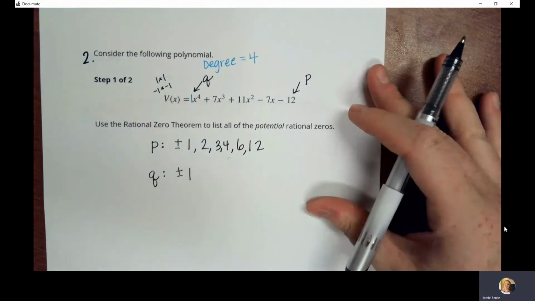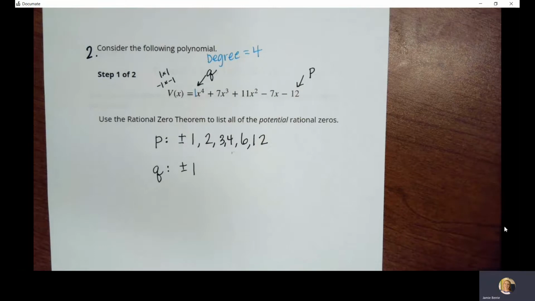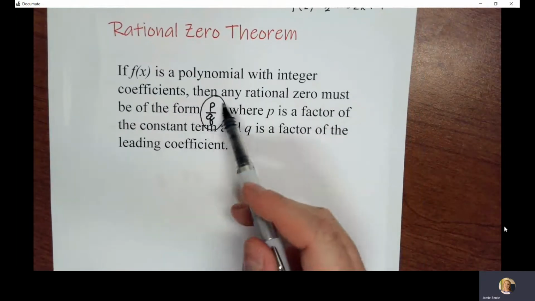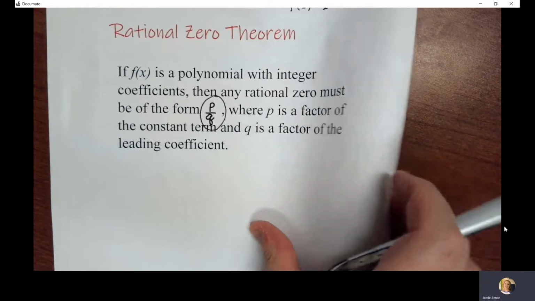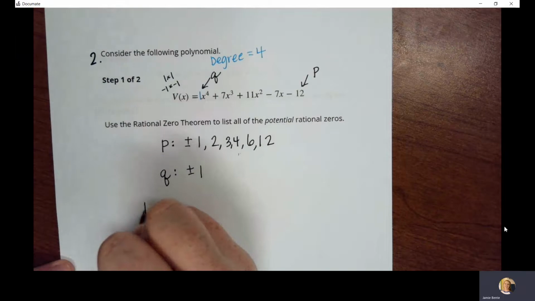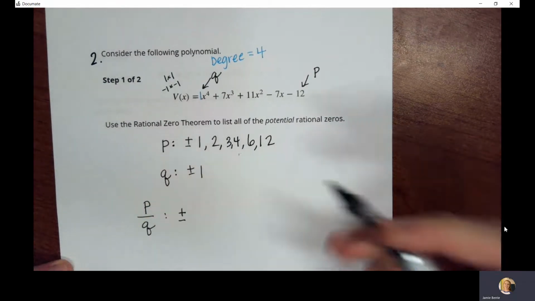All right, now we're going to form our fractions, P over Q. Remember, the rational zero theorem said rational zeros can be written in the form P over Q, where P is a factor of the constant term, Q is a factor of the leading coefficient. All right, so P over Q. Plus or minus out front.